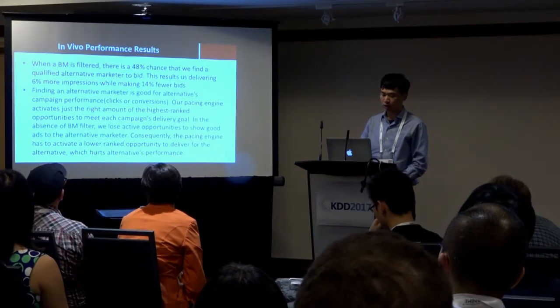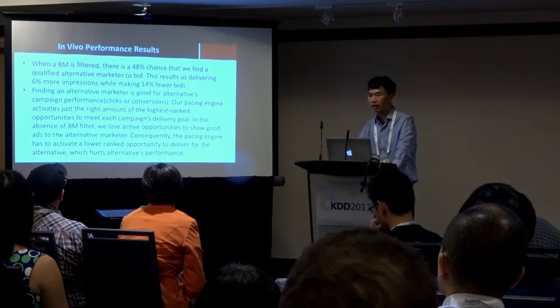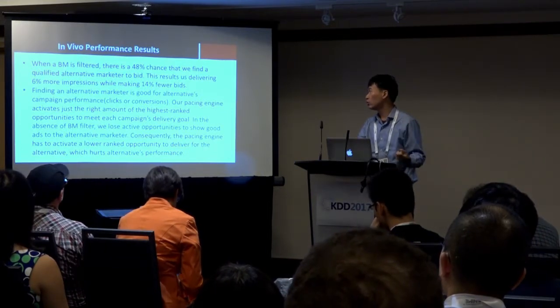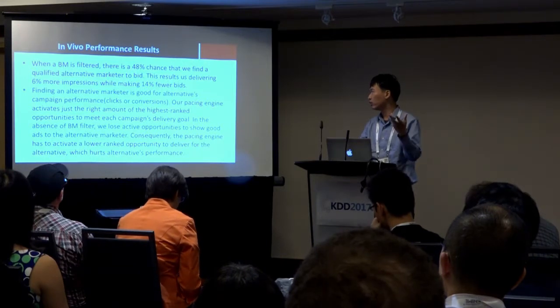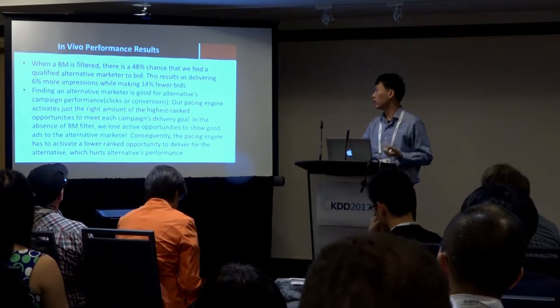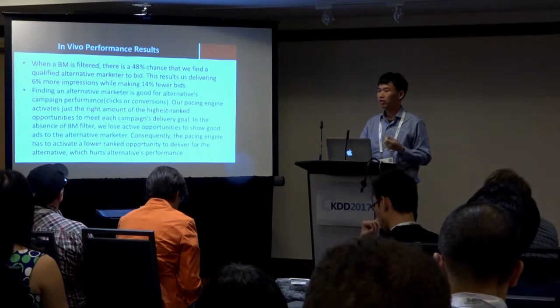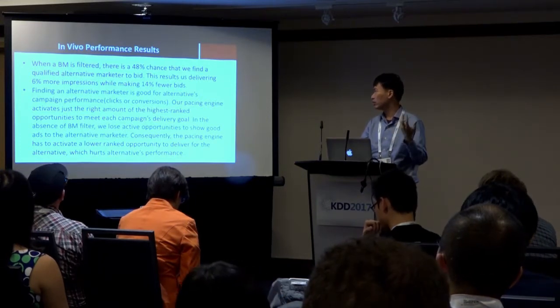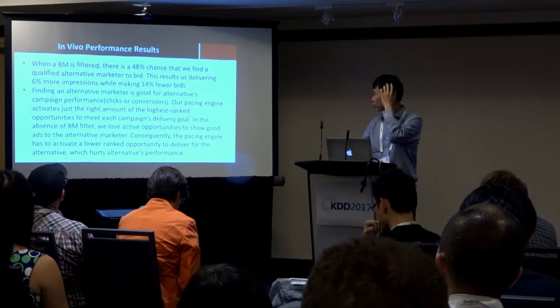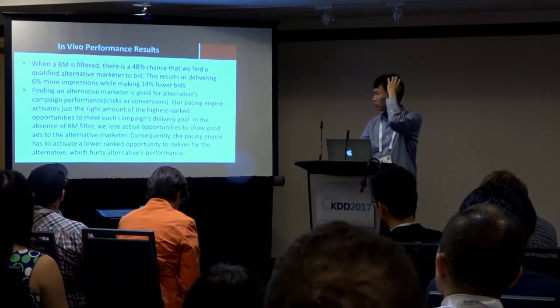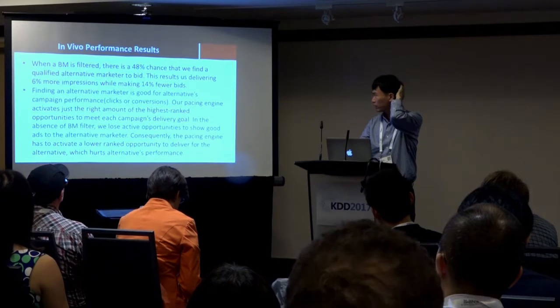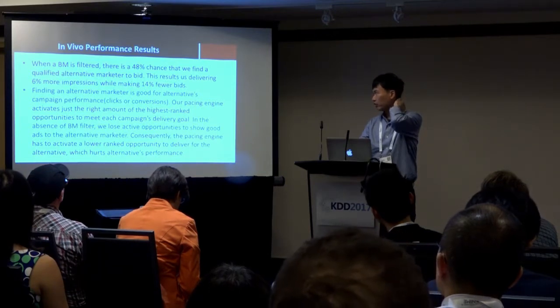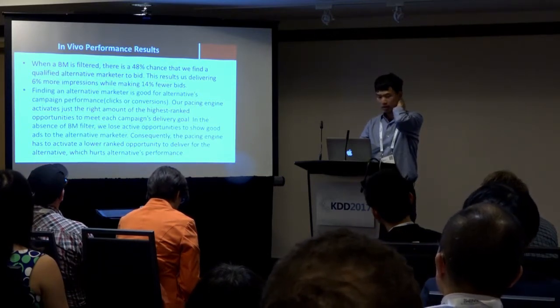And moreover, if you don't apply the filter, you lose opportunities to show an ad to a different marketer. So when the filter is applied, there's about a 50% chance that you can find a qualified alternative marketer to bid. That allows us to deliver 6% more impressions while making only 14% fewer bids.